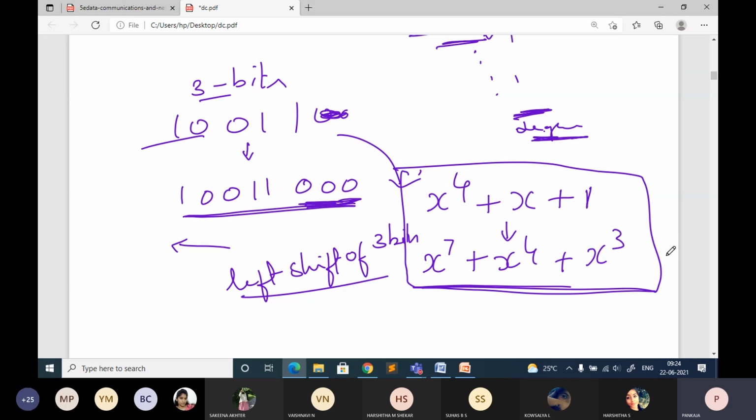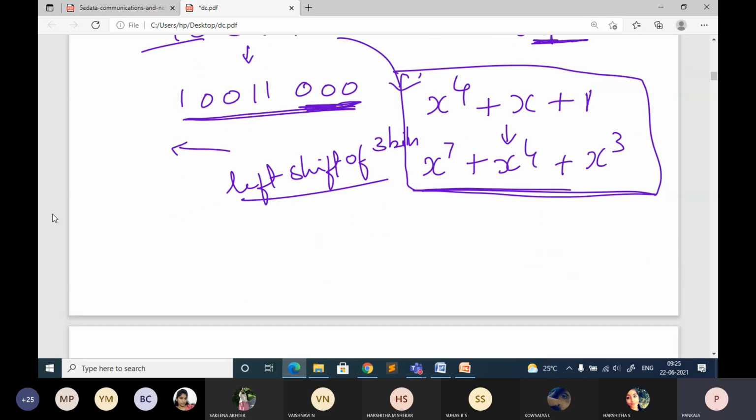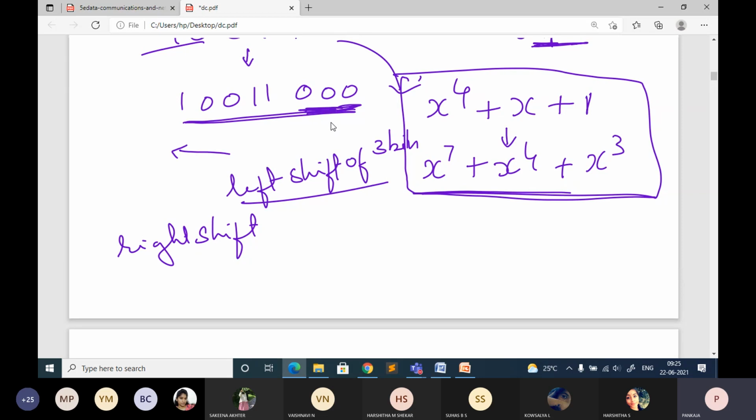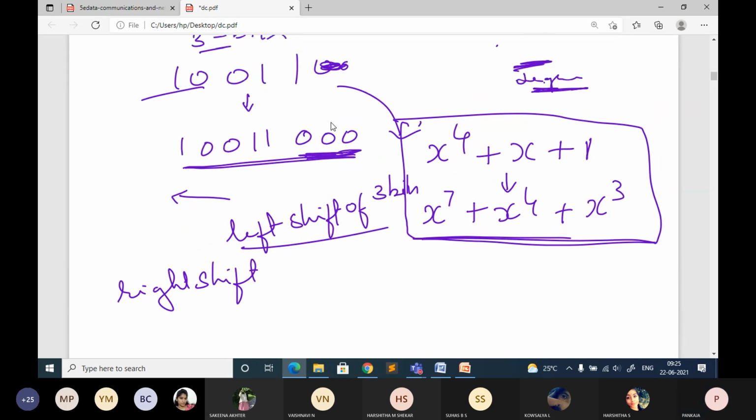Now the reverse operation, right shift. When you apply right shift, for that same number you take, we are not going to add zeros here. These 3 bits will be removed.